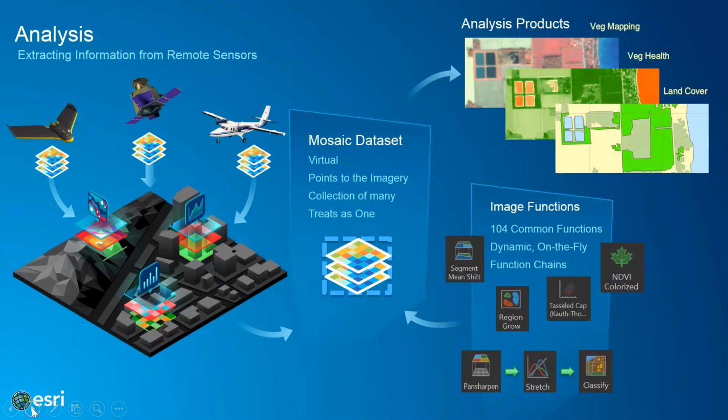In past versions in ArcMap, you used to have GP tools that could do a whole variety of different image processing functions. But now we have raster functions, image functions. These are dynamic tools that you can use to actually manipulate the image pixels on the fly. So if you want an NDVI, you don't have to start a GP tool, identify the file, say run an NDVI, and so on.